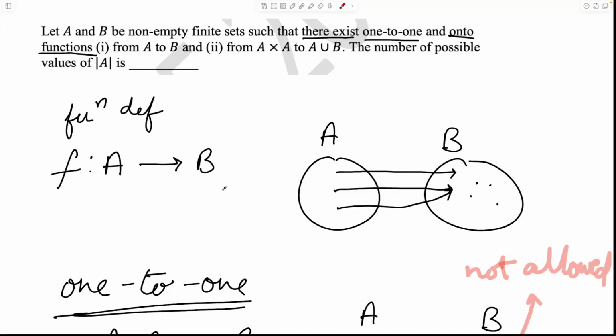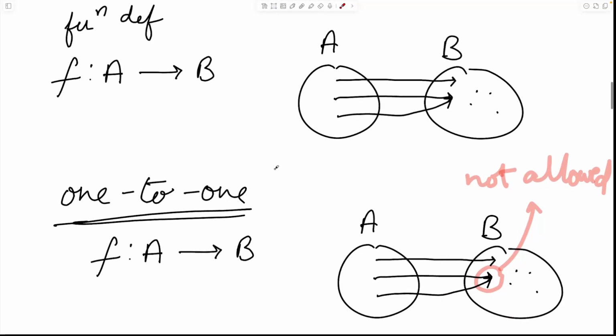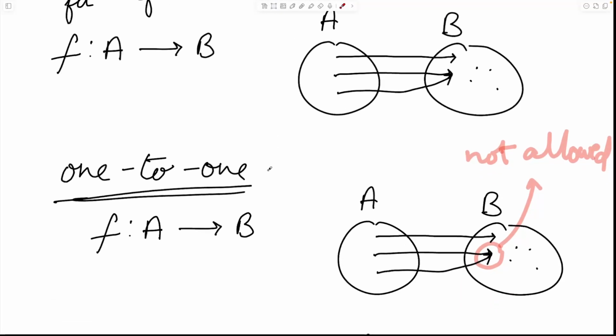If there exists a function from A to B, that does not really impose any restriction on the size of A and the size of B. But if this function is one-to-one, then some restrictions are imposed. What are they? Well, let's understand. For a function to be one-to-one, the overlap that existed in B in normal functions is not allowed.